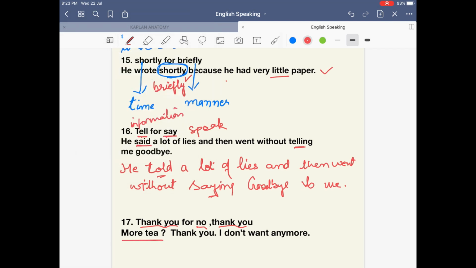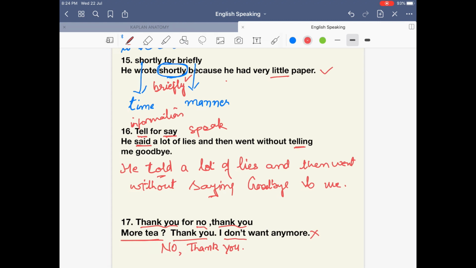So, the question is here: Moti, someone is asking you, Moti, would you like to have more tea? If you say "thank you, I don't want any more," this would be wrong. Why? It should be "no, thank you." Why no? Because you have told him that you don't want any more, so this is a negative sentence.